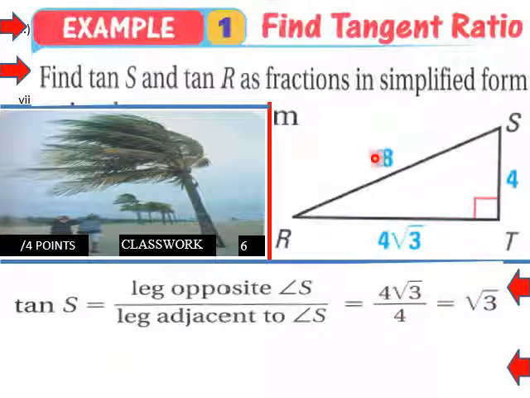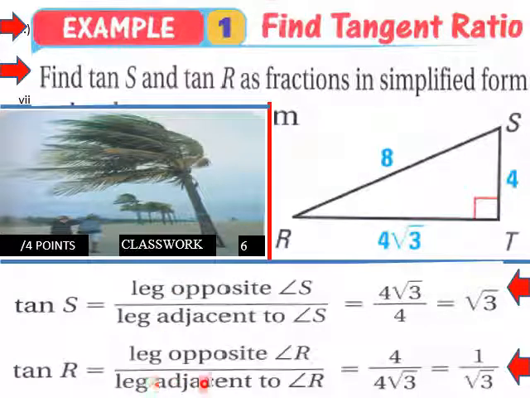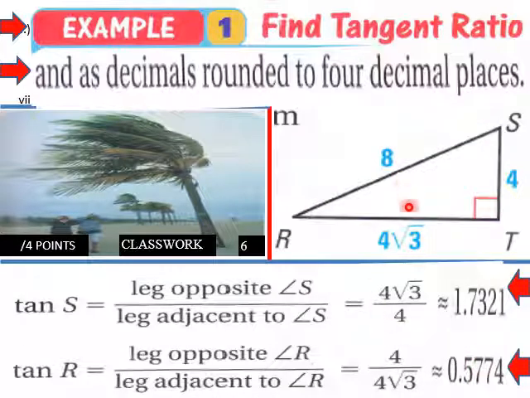And then tan R would be the leg opposite of R, which is 4, over the leg adjacent, 4 times square root of 3, so 4 over 4 times square root of 3 would be 1 over square root of 3. And then as a decimal, using your calculator, you can find these numerical values. As decimals, you round to 4 decimal places here, so that's why they're stretched out there.